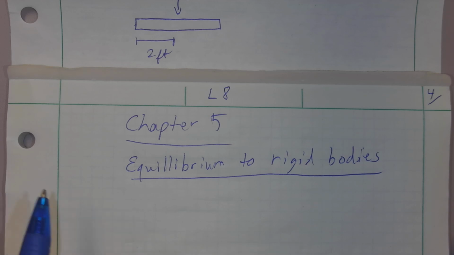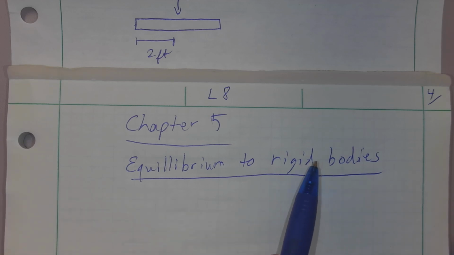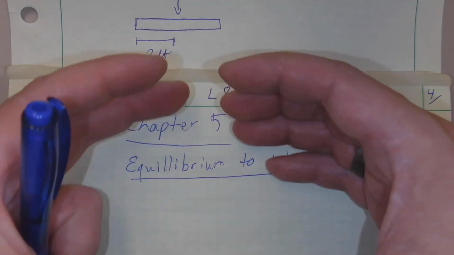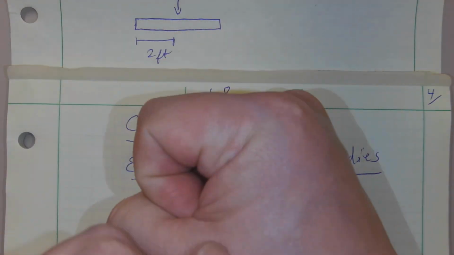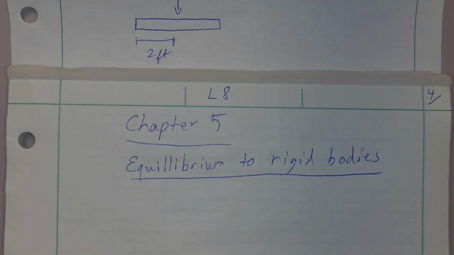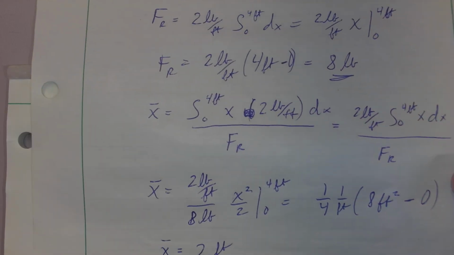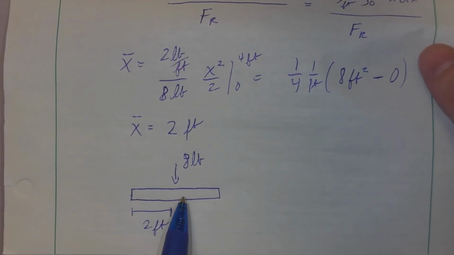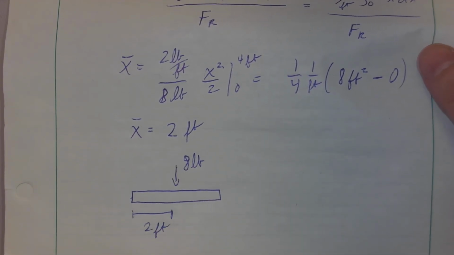But the difference, where in chapter 3 we looked at equilibrium of particles. Again, remember, a particle is something that has some mass or some shape, and you can model it as a single point and get the same result. However, note here that because things like this, where I've got to locate this as a specific place, it's not just a particle where, oh, we'll just apply this force anywhere.